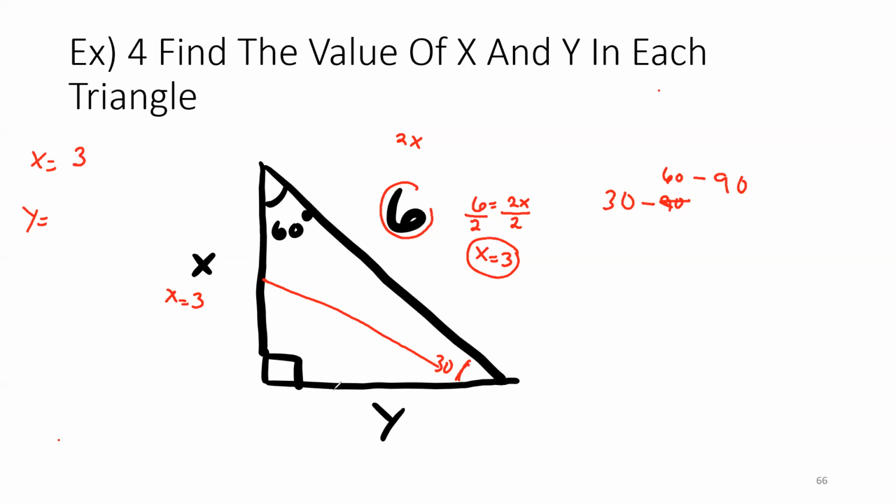Now let's find y, or the largest leg. According to the rule, to find y, or the largest leg, you do x radical 3. So that would just be 3 radical 3. Okay, so that's it. You found the two legs, and the hypotenuse was already given.